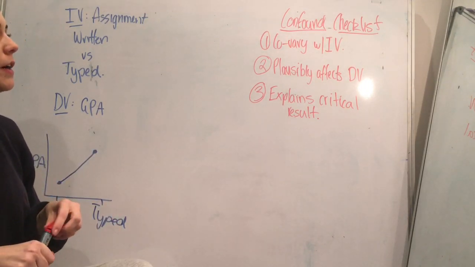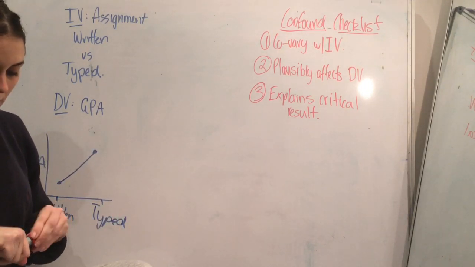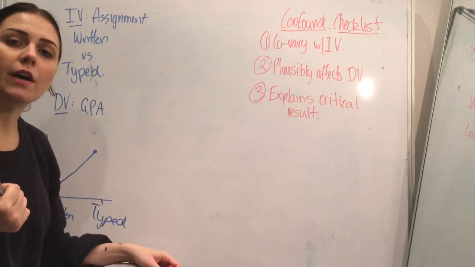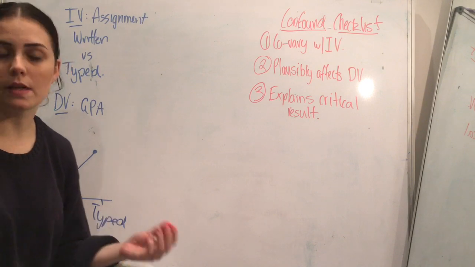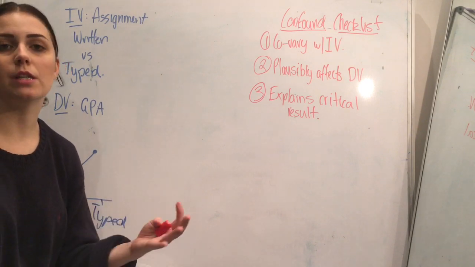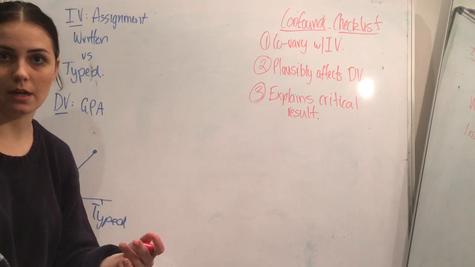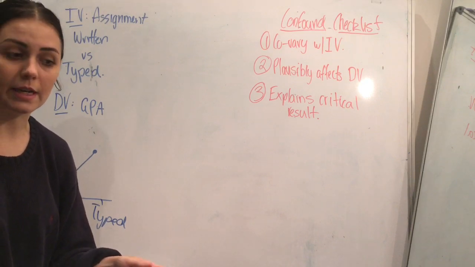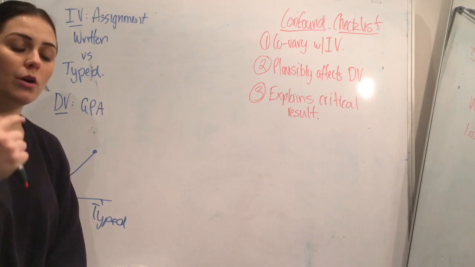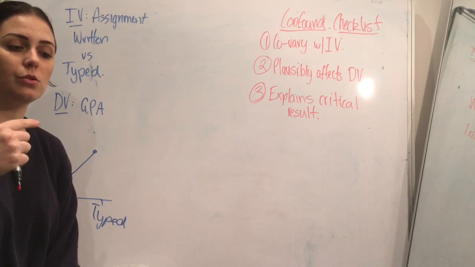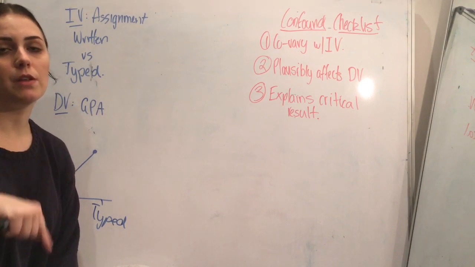So first of all, covary with IV. That implicitly tells you that it needs to vary, and also that it's systematic. There are always going to be things that vary. We study psychology, there's constant variation everywhere. That's why it's so difficult to study. But when we're talking about confounds, it needs to systematically covary with the IV. So it needs to change with the levels of the IV.